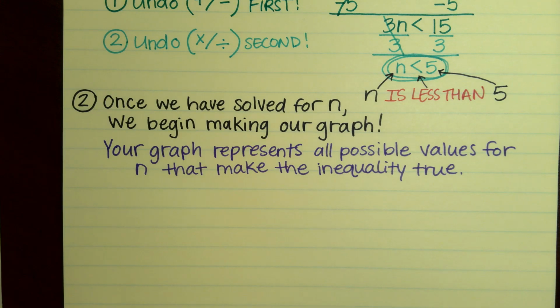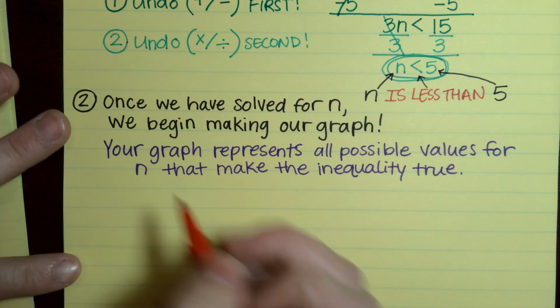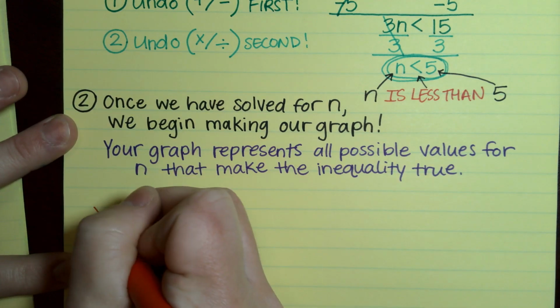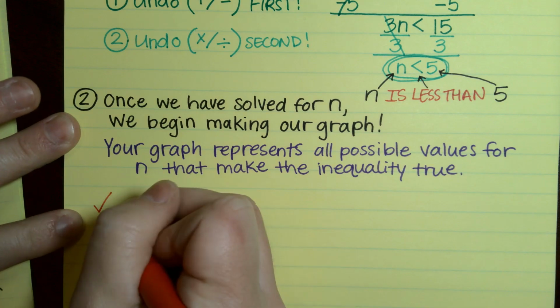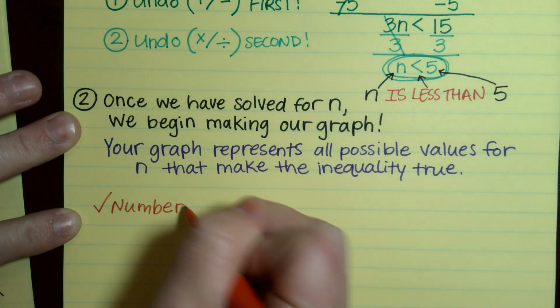Okay. All right, so we know what our graph is telling us. Let's create a little checklist for whenever we draw our graph. There are 3 things that your graph must have. First of all, your graph has to have the number written above the tick mark.